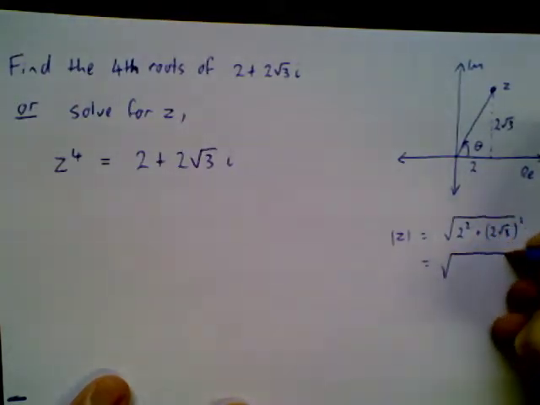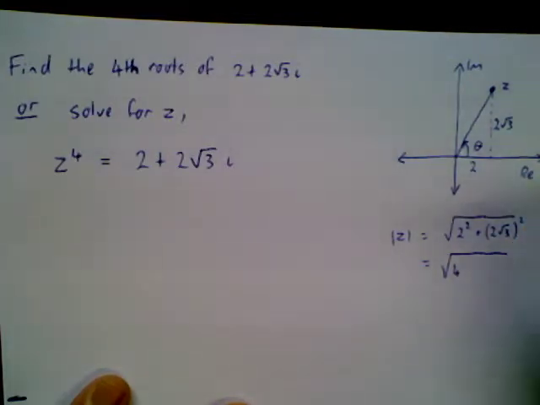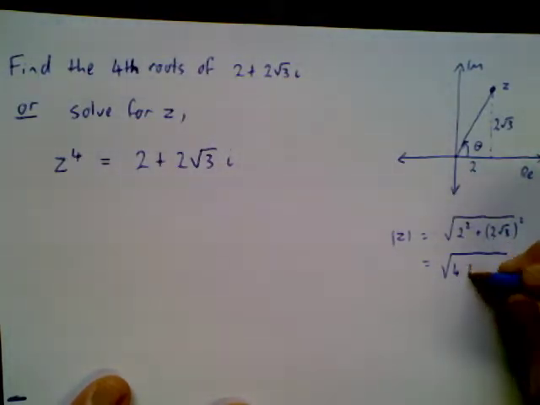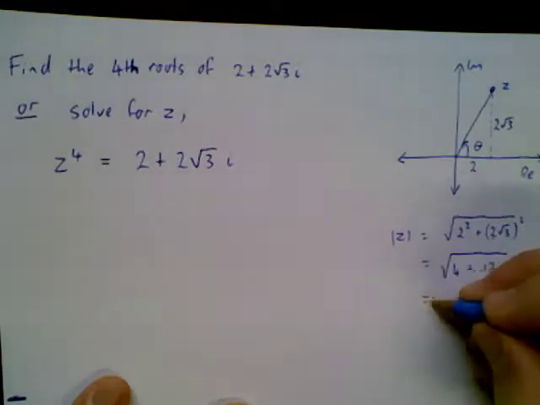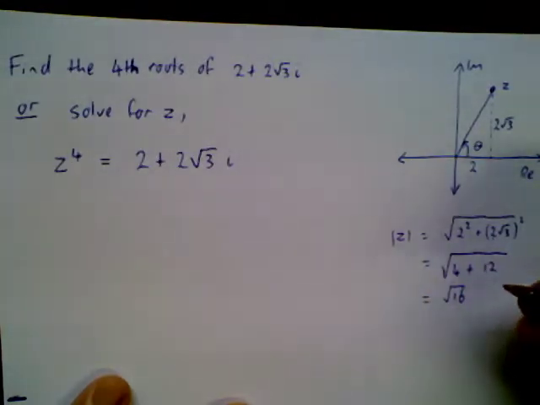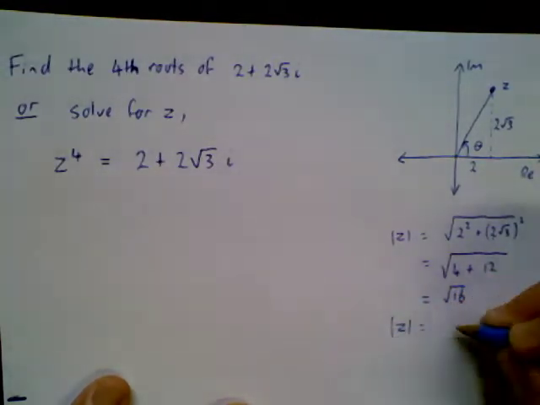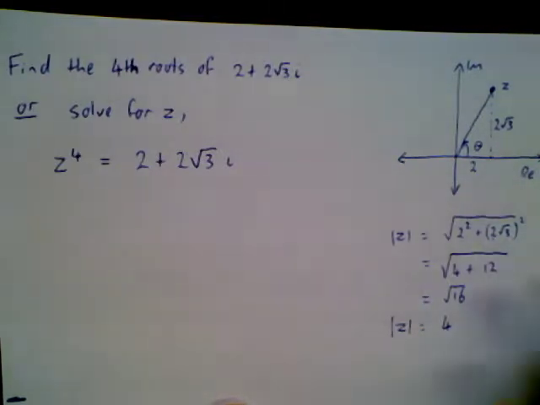So that gives us the square root of 4 plus 12, since 2 squared is 4, and the square of root 3 is just 3, so we end up with 4 times 3. The square root of 16, and we get the magnitude of z is equal to 4.